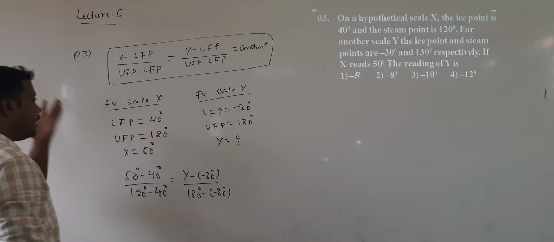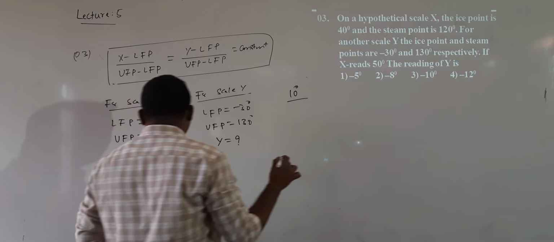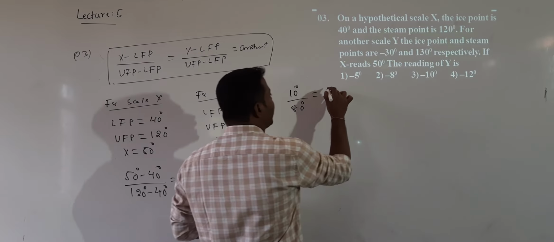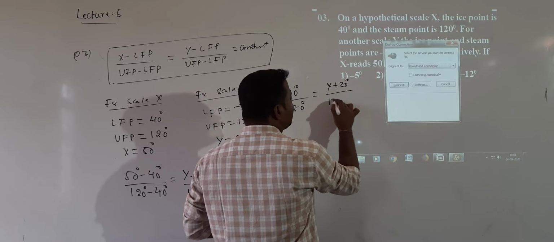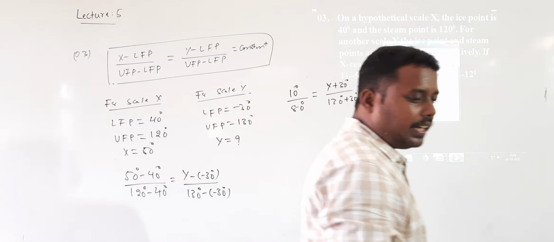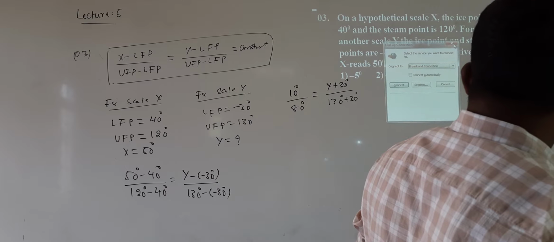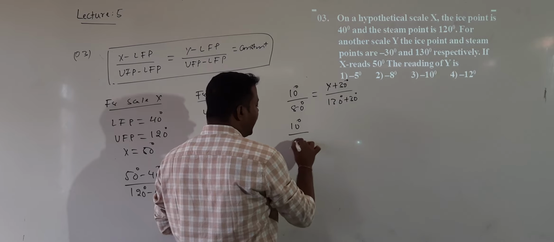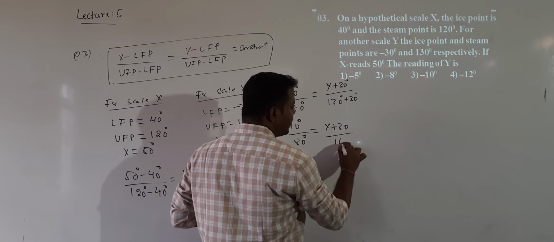Then 50 minus 40 is 10, so 10 divided by 120 minus 40, that is 80, will be equal to y minus of minus, plus, so y plus 30, divided by 130 plus 30, that is 160.